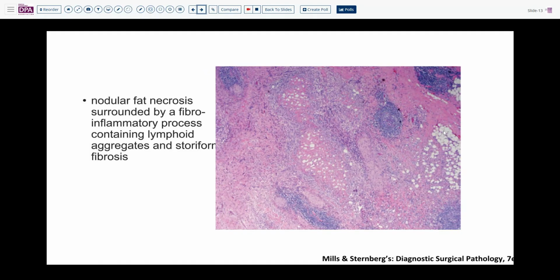Compared to the healthy adipocytes, this fat necrosis, even in low power we can recognize it, because usually the healthy adipocytes grow back to back. So there is usually not a lot of stroma between the adipocytes. But in this fat necrosis, we can see the stroma is thickening and pinkish looking, and usually just histiocytes between the fat cells.